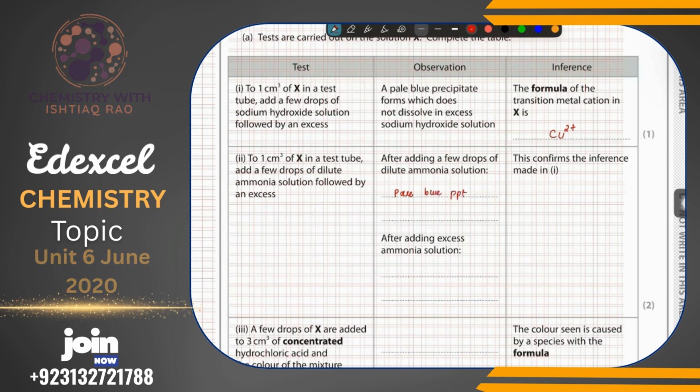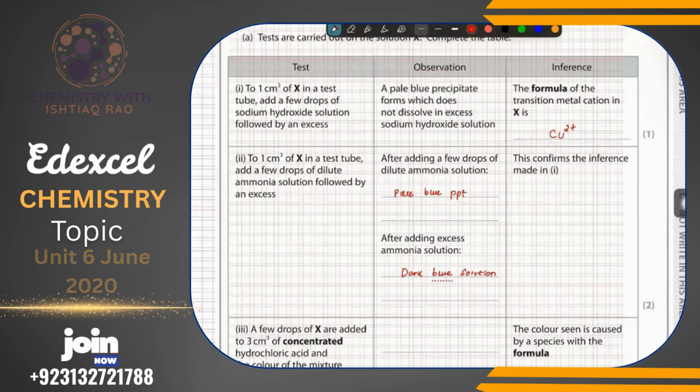And then after adding excess ammonia, we are getting dark blue. Is it a dark blue precipitate or a dark blue solution? Dark blue solution, because the precipitate will be dissolving in excess ammonia. That's why we are getting the deep, dark blue solution.